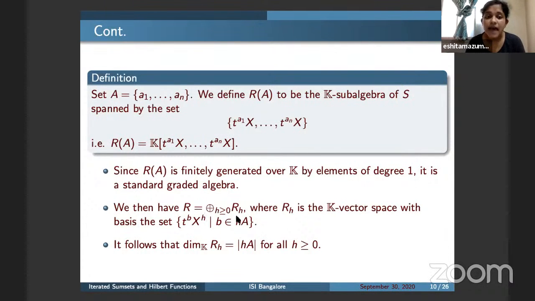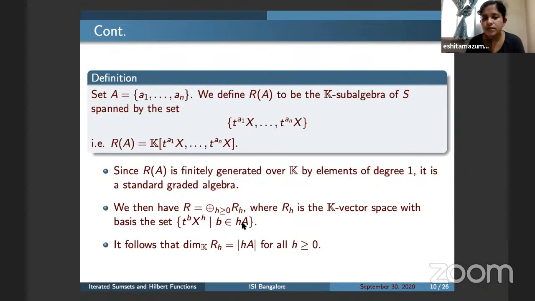Clearly, R can be written as the direct sum of Rh, where this Rh is a K vector space with the basis set T power b x to the power h, where b belongs to hA.